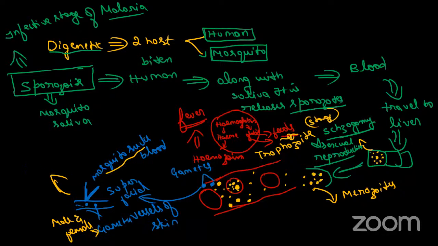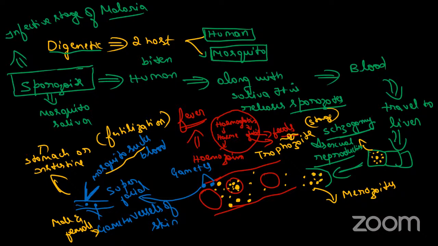Now what will happen in the mosquito's stomach or intestine? The fertilization is going to happen, and it is going to form a sac-like structure.